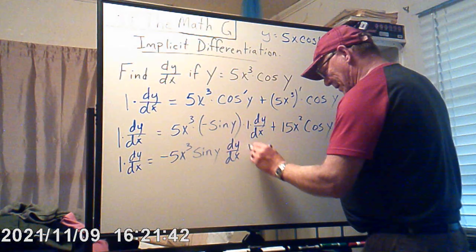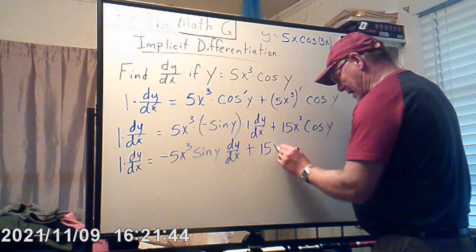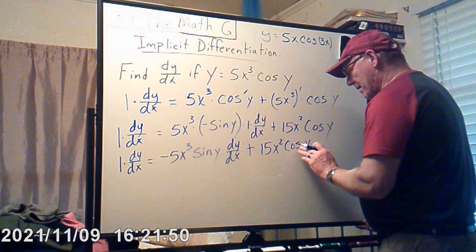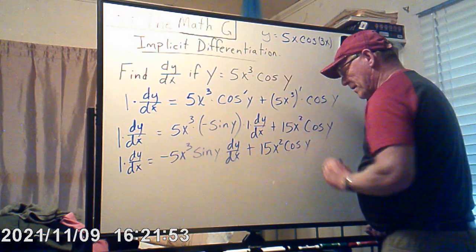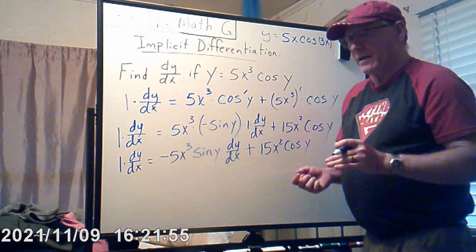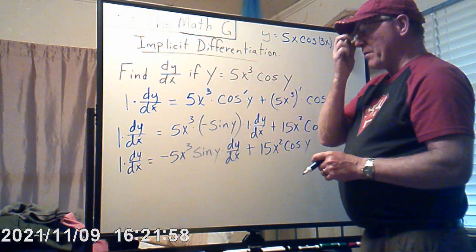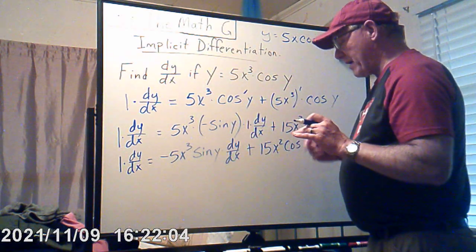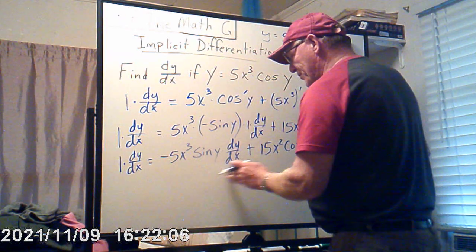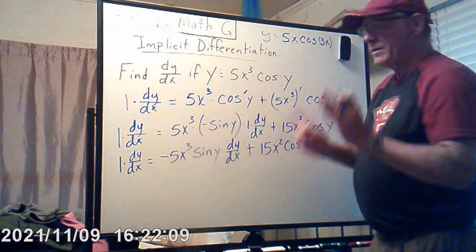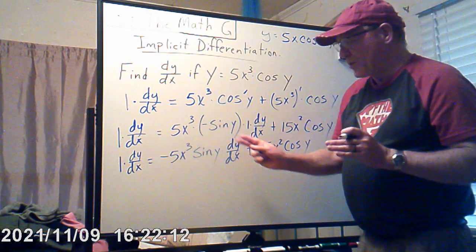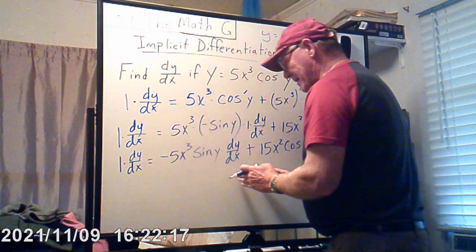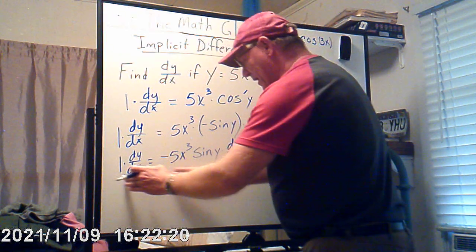Now plus 15x squared cosine y. Now the idea here, and I think this is the only problem from the last video that had a dy over dx on both sides of the equal sign, is that you have to gather all your dy over dx's on the same side.